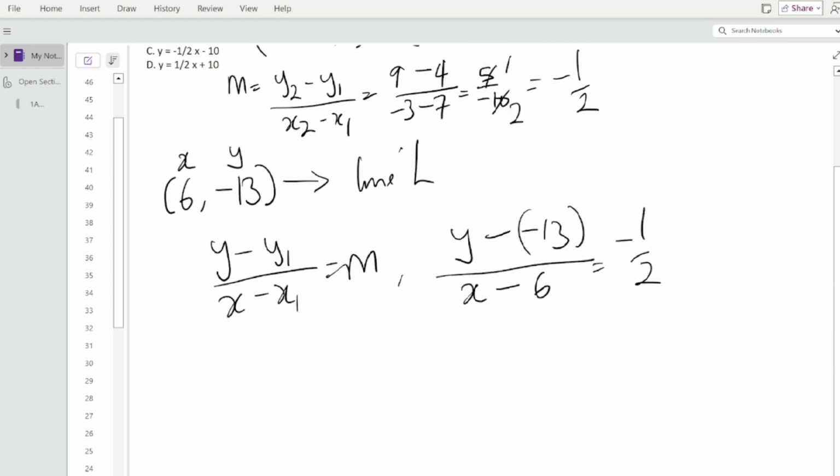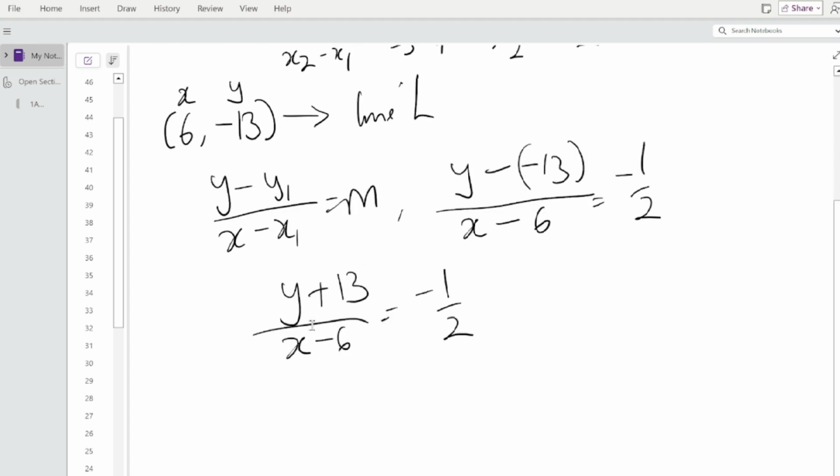On the next line, we take y, then minus times minus will give you plus. If you have two negative signs, or a negative and a positive sign, you have to equate them to 1. So minus and minus will give you plus. Then we'll have y plus 13 over x minus 6 equals -1 over 2.